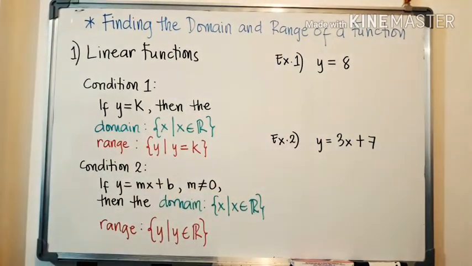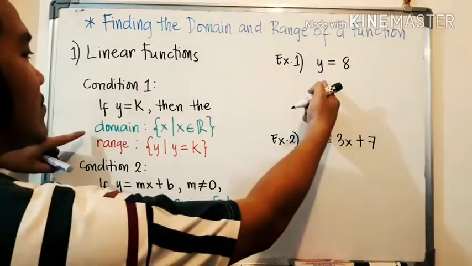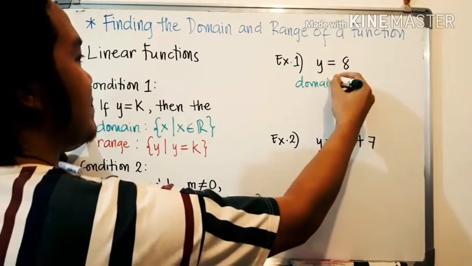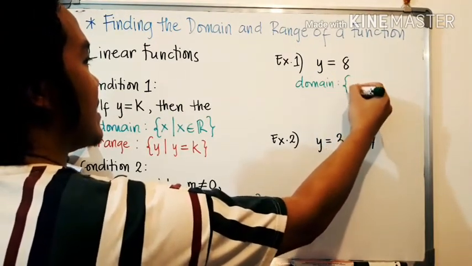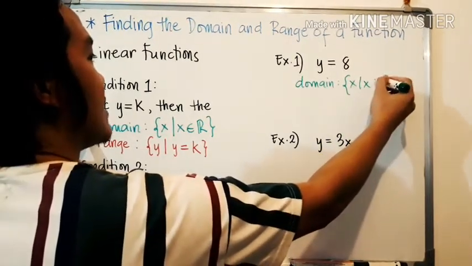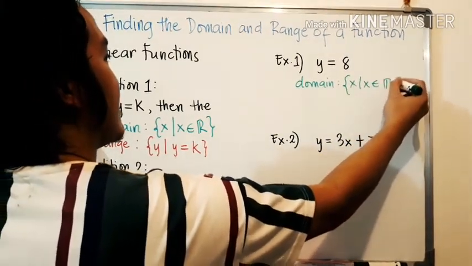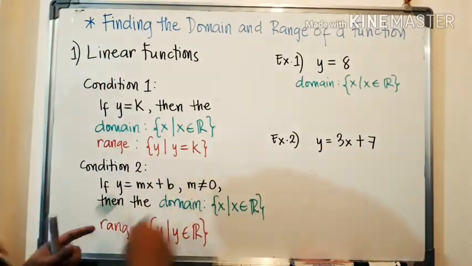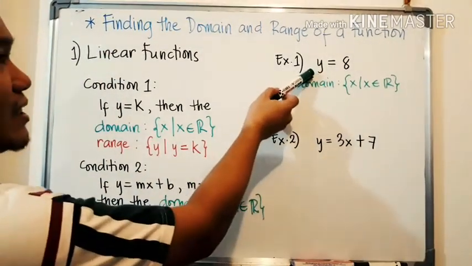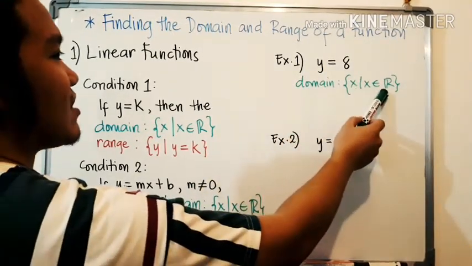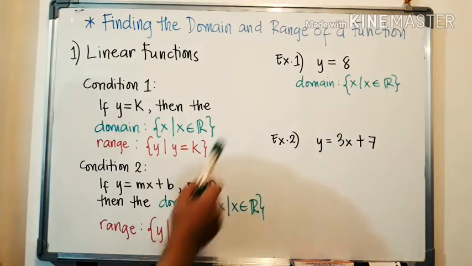So the domain of this linear function is the set of all x such that x is a real number. Meaning this linear function is defined and real for all values of x in the real numbers.